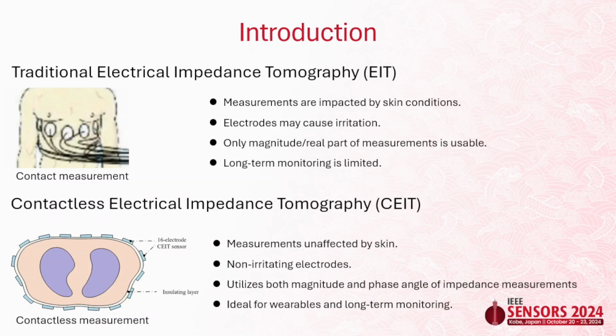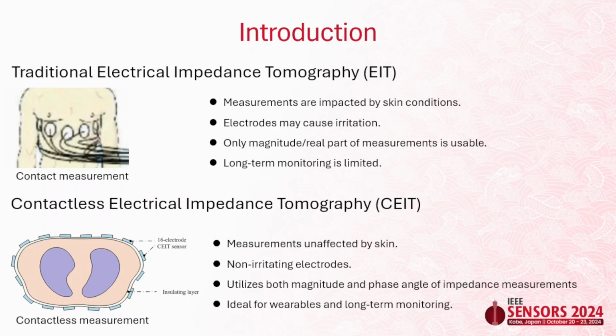But the traditional EIT has some drawbacks. They need very good contact for the electrodes on the skin, and it depends on the skin condition for the connection. So normally the doctor needs a strong belt to make sure the electrodes are touching the skin.